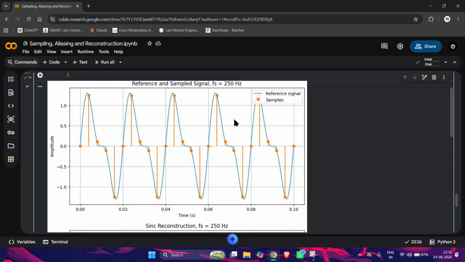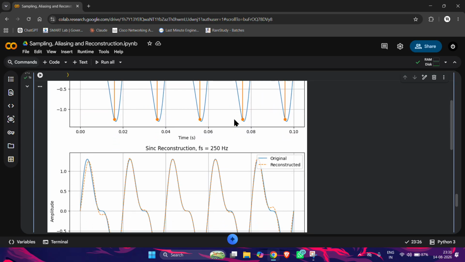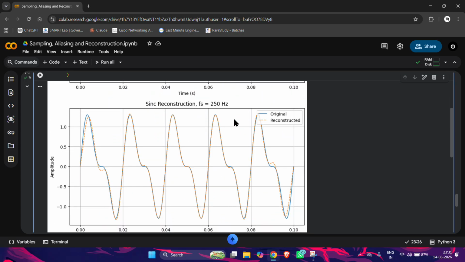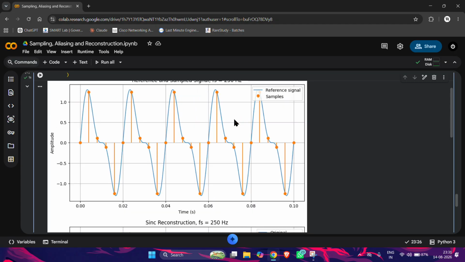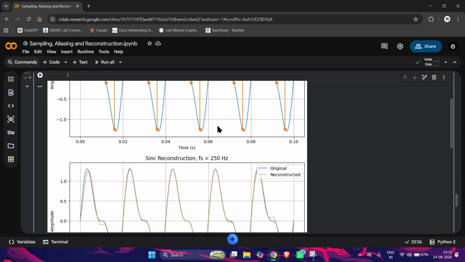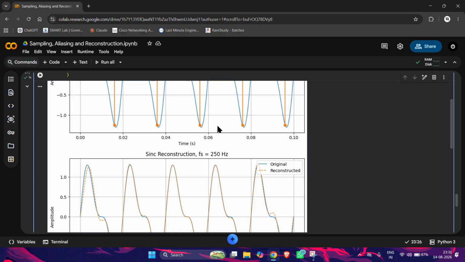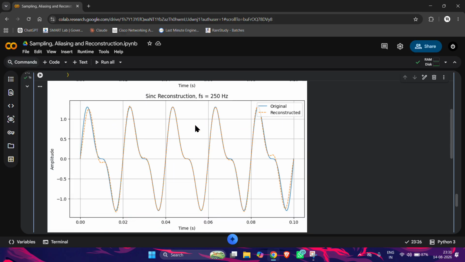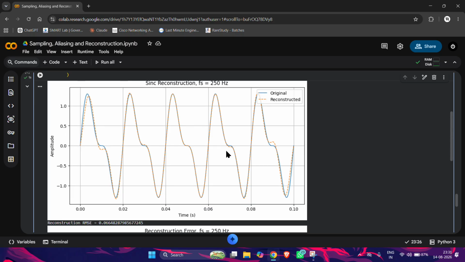I then use sinc interpolation to reconstruct the signal from these samples. That means from these samples, the orange ones, we have used sinc interpolation to get the reconstructed waveform. As we can see, the reconstructed waveform follows the original waveform quite closely.